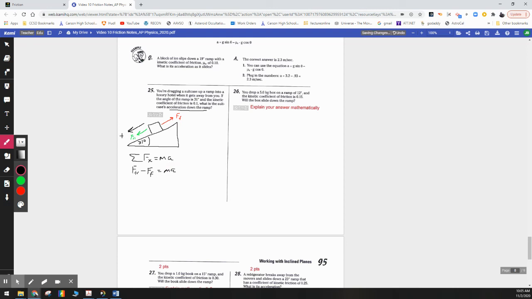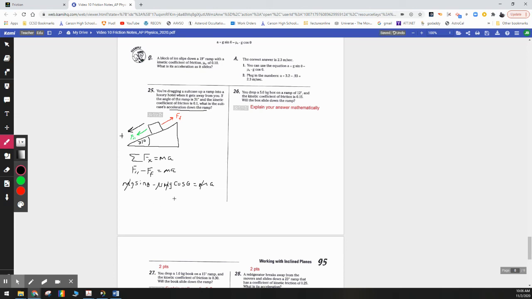The parallel force is going to be mg sine of theta minus mu mg cosine of theta, which equals ma. If you look closely, the mass can cancel out.